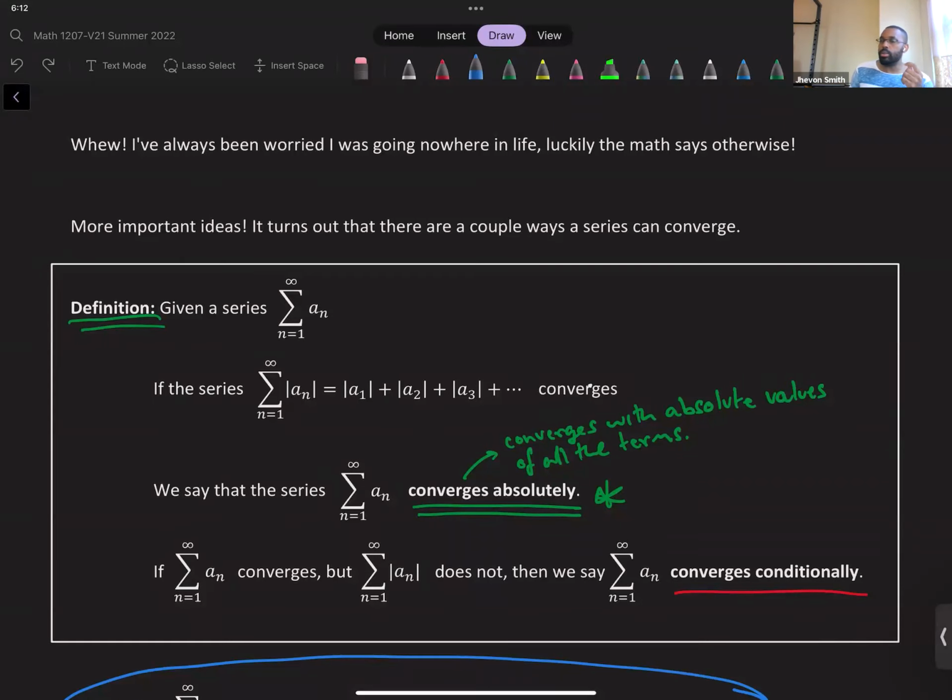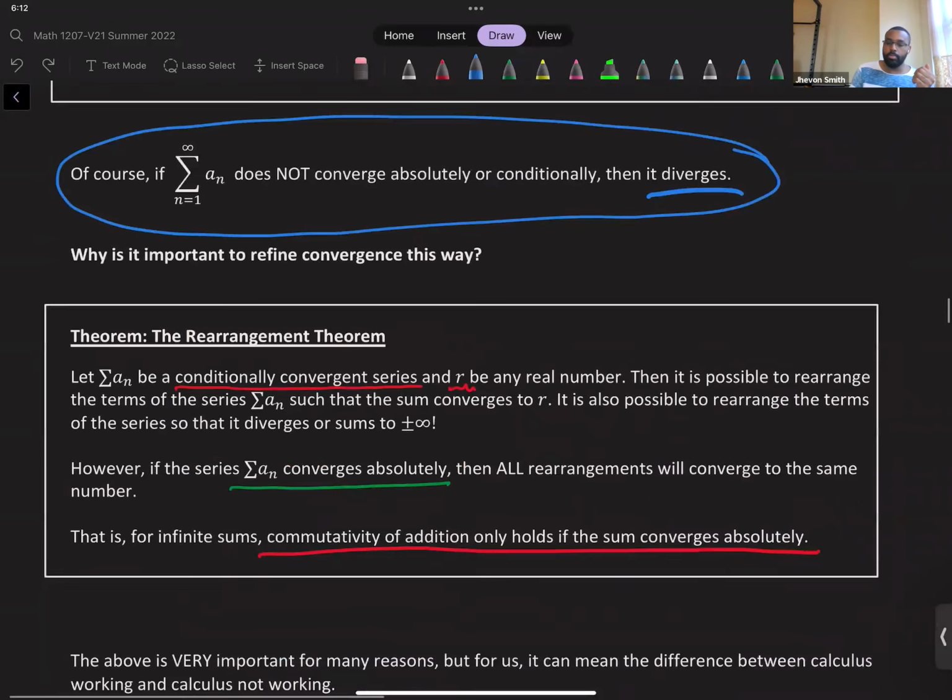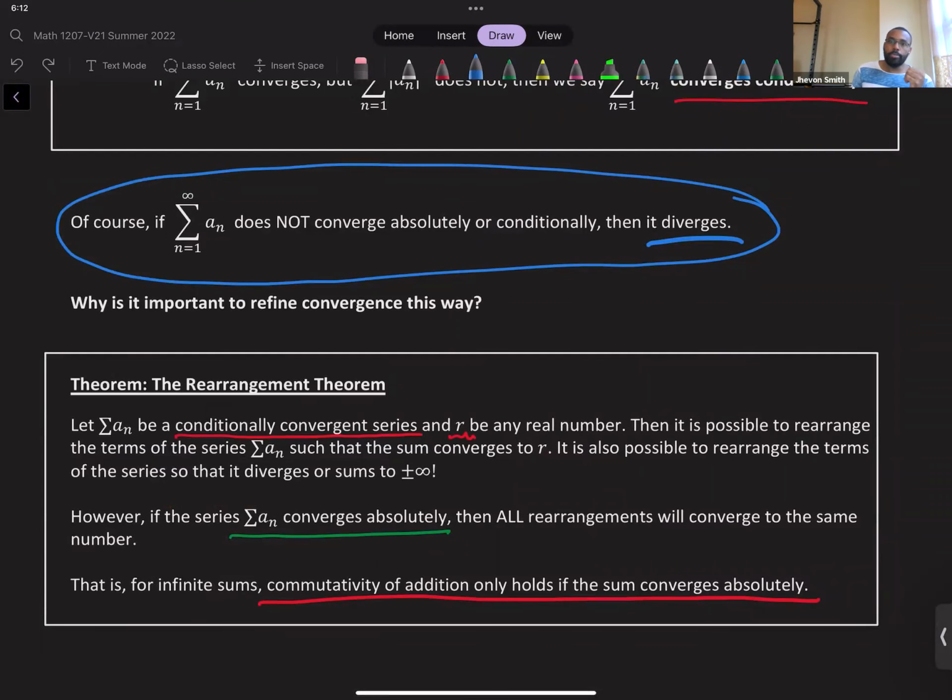And we learned that one of the reasons this distinction is important is because of commutativity of addition. There's a theorem called the Rearrangement Theorem that tells us if a series is conditionally convergent, then the answer to the sum can change by rearranging the terms. If something is absolutely convergent, then it doesn't matter what rearrangement you do.